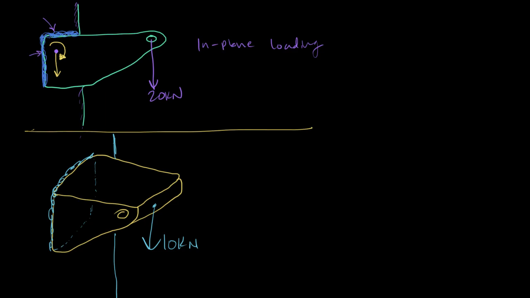So when the load doesn't pass through the center, when it's an eccentric load, you take the center of your weld group and you move the load to the center and you replace it with the load plus, in this case, the out-of-plane bending moment. If this is the X and this is the Y, then this bending moment is in the Z plane.